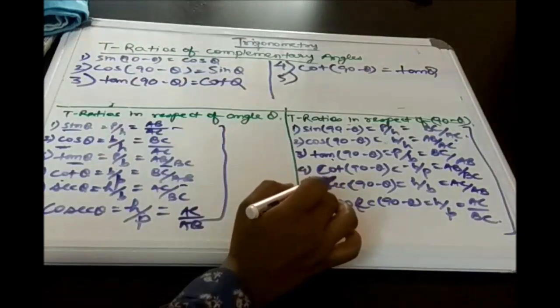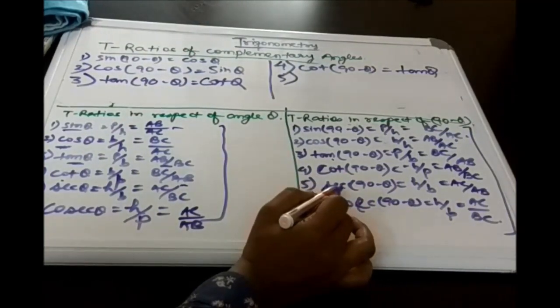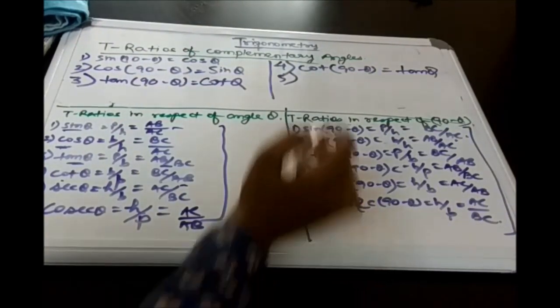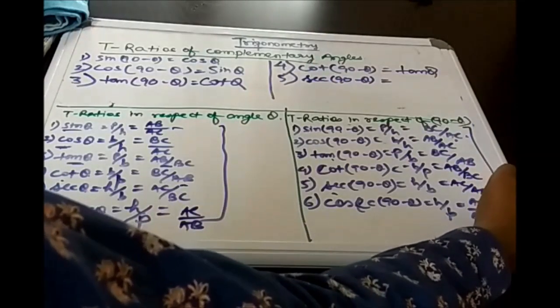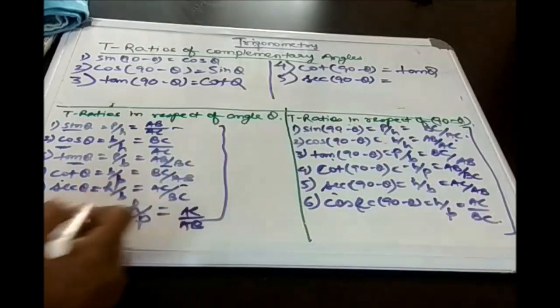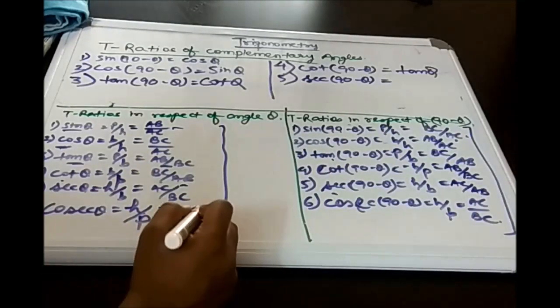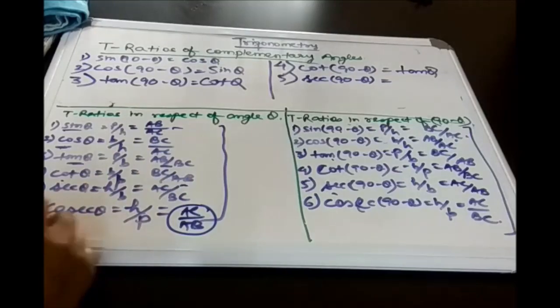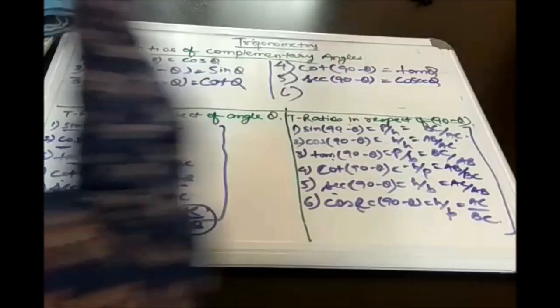Now we will be seeing the fifth relation, that is sec 90 minus theta. Sec 90 minus theta, that is AC by AB. Now you come this side, you find where is AC by AB. You see, here is AC by AB, that is cosec theta. So sec 90 minus theta is cosec theta.